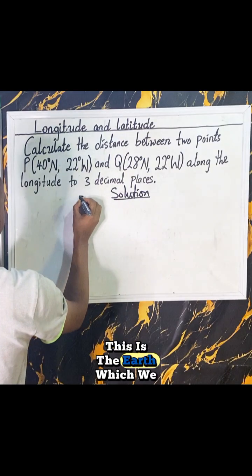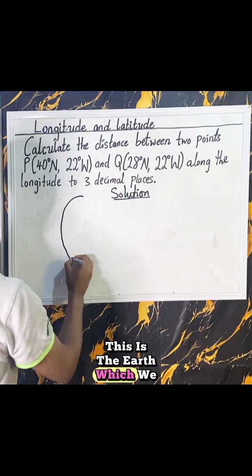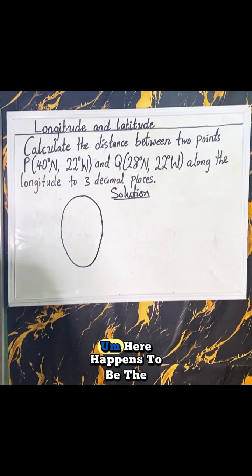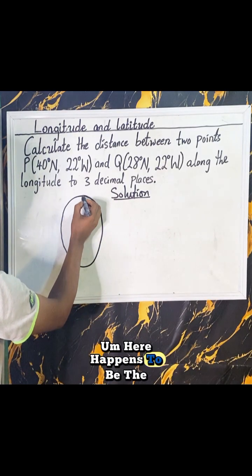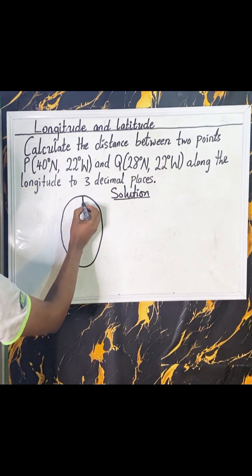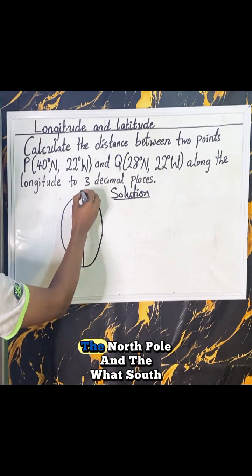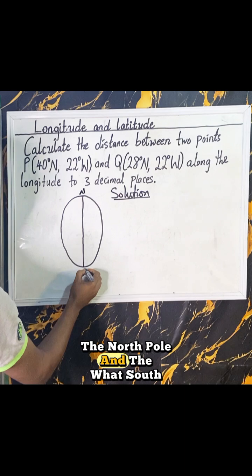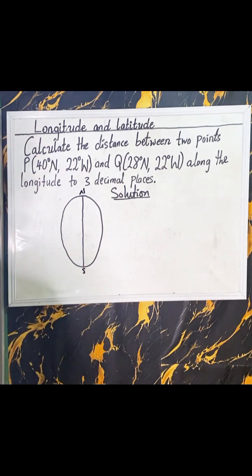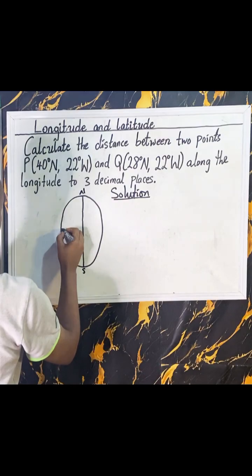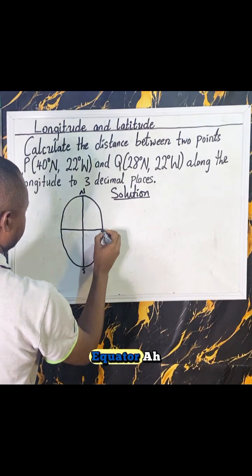This is the Earth, which we show on a globe. Here happens to be the North Pole and the South Pole. Here becomes the equator.